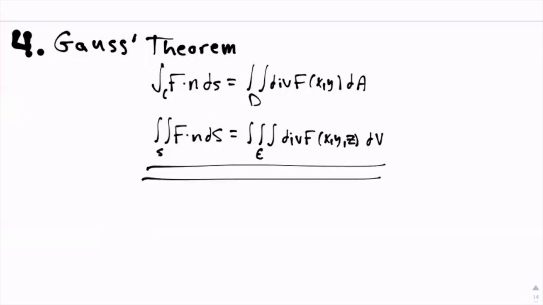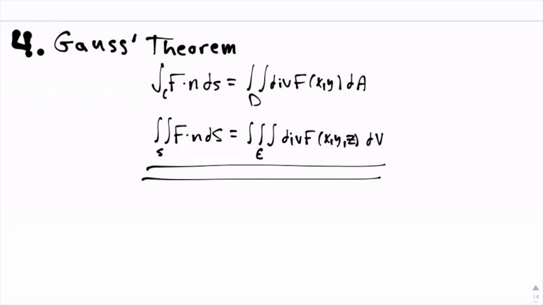And because of this, Gauss's theorem, or as you may call it, the divergence theorem, becomes true. Now, you may be wondering what this is applicable to. In specific, it is applicable to simple solid regions.